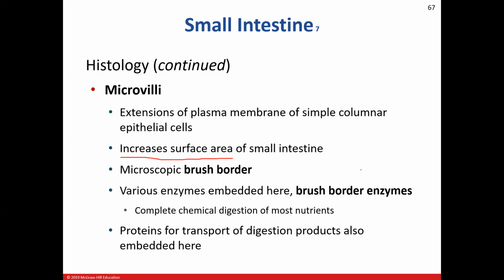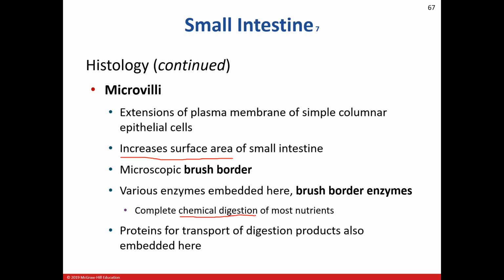So we named the enzymes that are found on top of these plasma membrane cells brush border enzymes. And it's these enzymes that are going to do the chemical digestion. This is where we're going to really start to see these proteins broken down into smaller chains of amino acids, then eventually into the individual amino acids themselves.